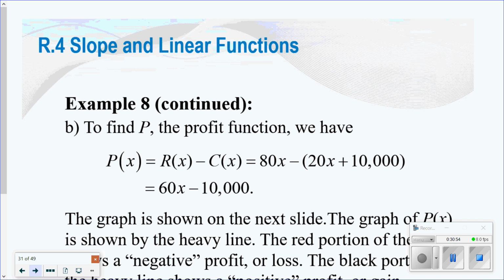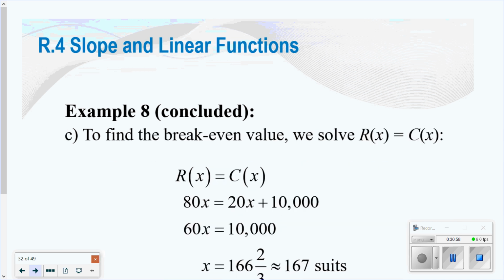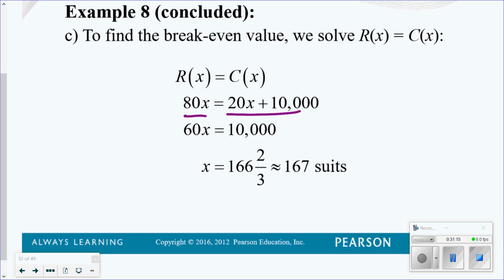So here, if we set revenue equal to cost, we have 80x equals 20x plus 10,000. Subtract 20x from both sides, so we get 60x equals 10,000. And then we're going to divide both sides by 60. So we get 166 and 2/3.